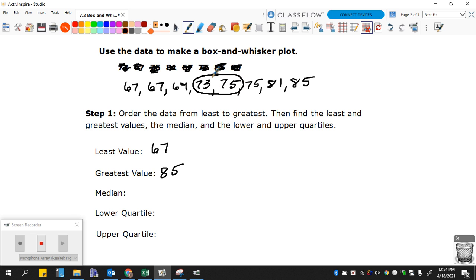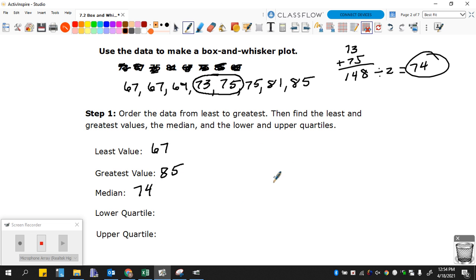We add 73 plus 75, which gives us 148, divided by 2 gives us 74. So 74 is our median.